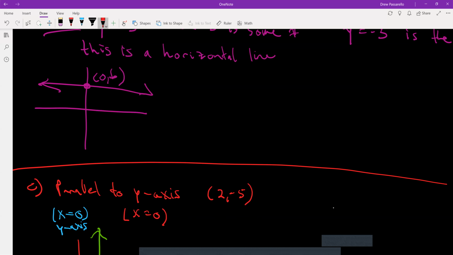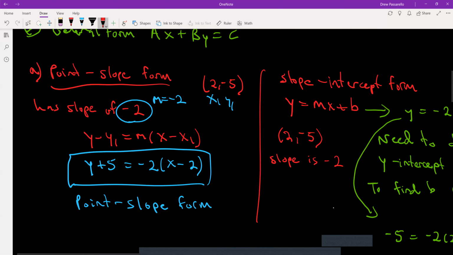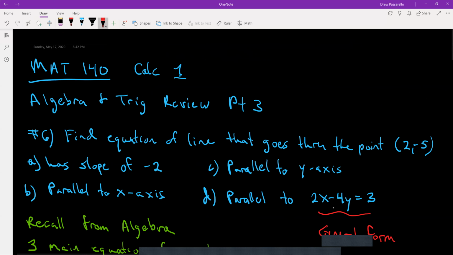Now part D, it's going to be parallel to this line 2x minus 4y equal to 3.